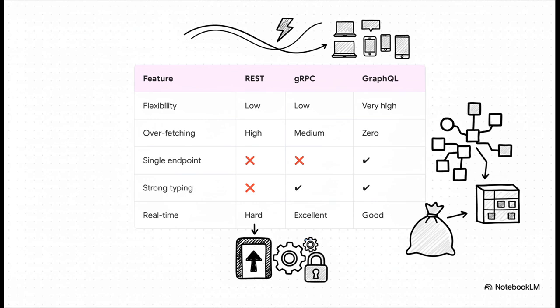And that, of course, means overfetching just becomes a thing of the past. It's got that powerful single endpoint, and it's strongly typed, which means the app and the server always agree on what the data looks like, which prevents so many bugs. Now, a tool like gRPC might be faster for internal machine-to-machine communication, but for building apps that people actually use, GraphQL's flexibility is just unmatched.